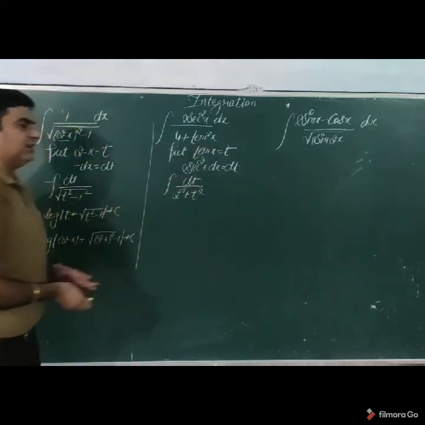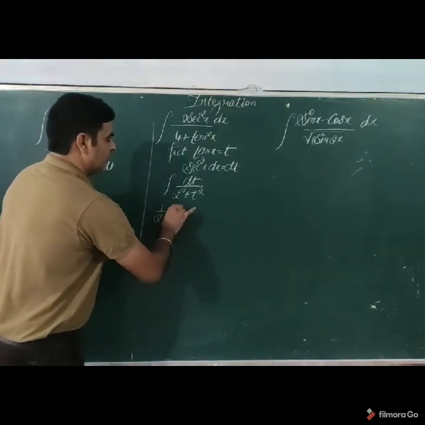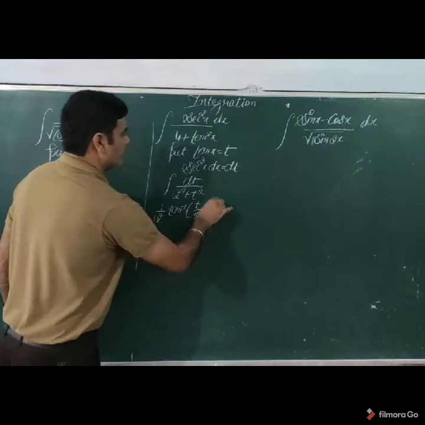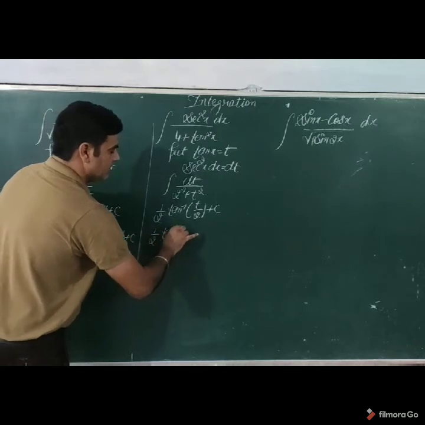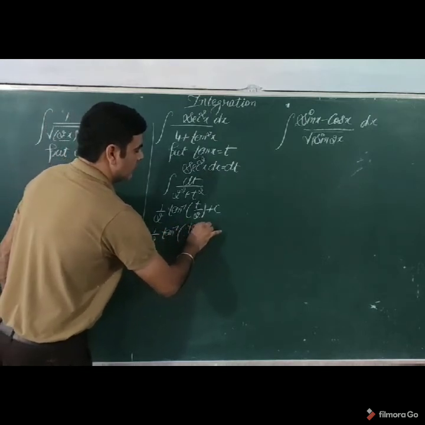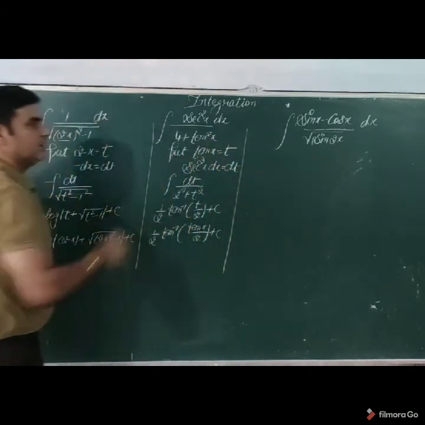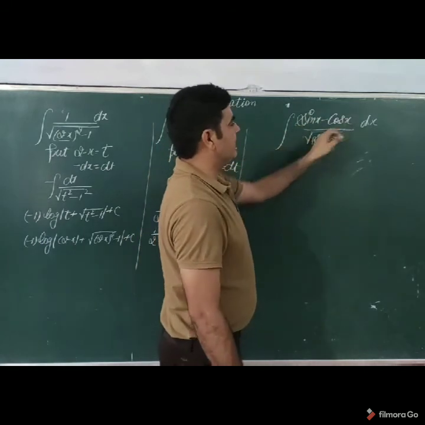Now it becomes the x square plus a square form, which is given by 1 by a tangent inverse of x by a, plus c. Replacing the value of t as tangent x, we get 1 by 2 tangent inverse of tangent x by 2, plus c.